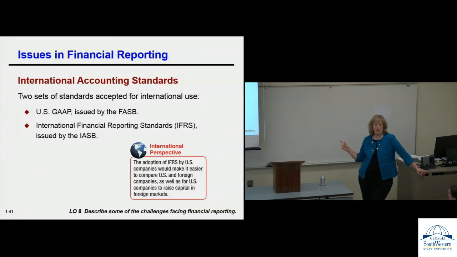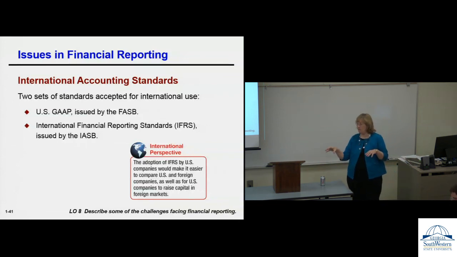Companies lease a lot of stuff, and a lot of their balance sheet will change if leases have to be put on the balance sheet. That's a capital lease. With operating leases, the expense you pay for a lease goes on the income statement. So that's a big deal. Are you going to put it on the balance sheet or the income statement? It's going to affect net income dramatically.